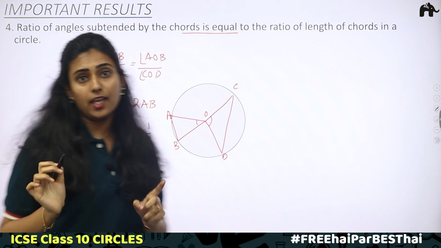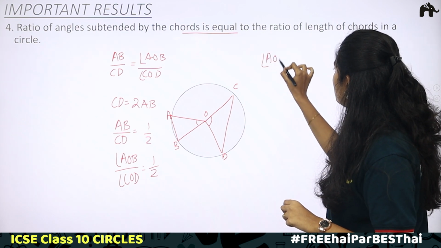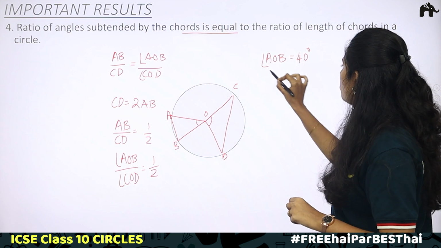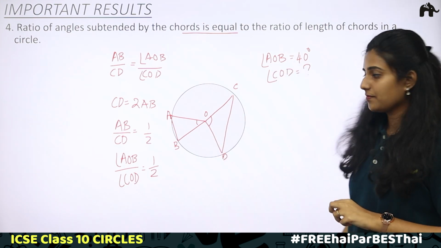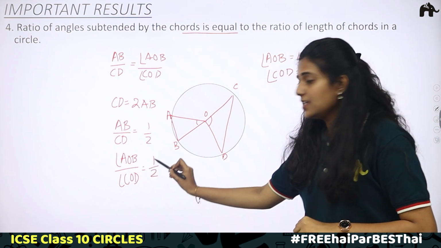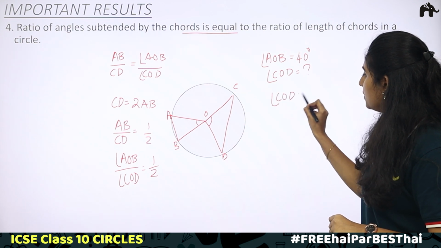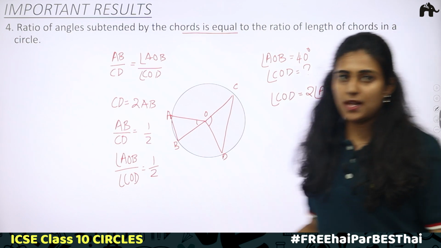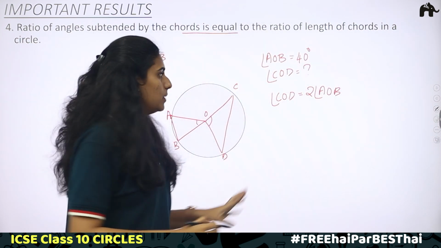If AOB, let us take angle AOB is equal to some 40 degrees, then what is angle COD? In this case, we have angle AOB by angle COD is equal to 1 by 2, which means angle COD will be equal to 2 times angle AOB. Just cross multiplying, we get angle COD is equal to 2 times angle AOB.